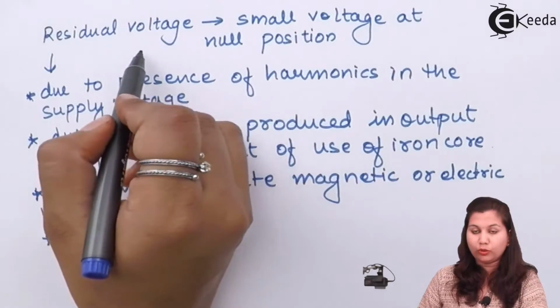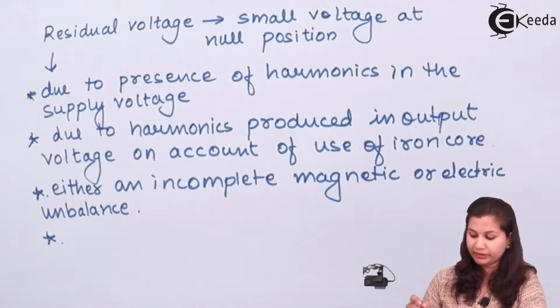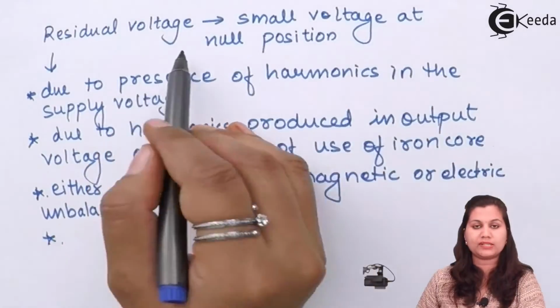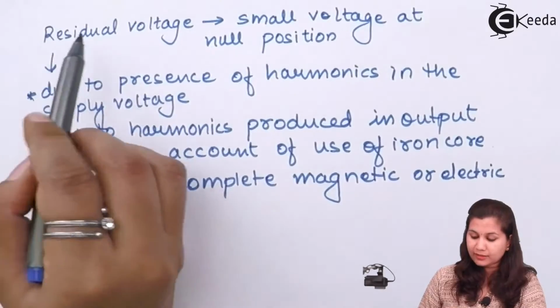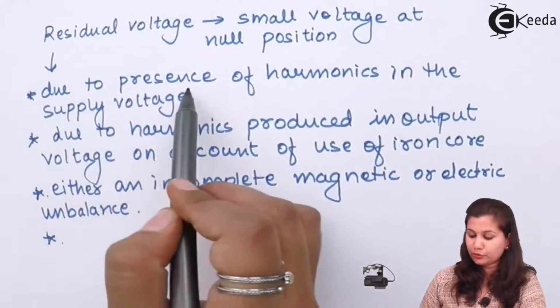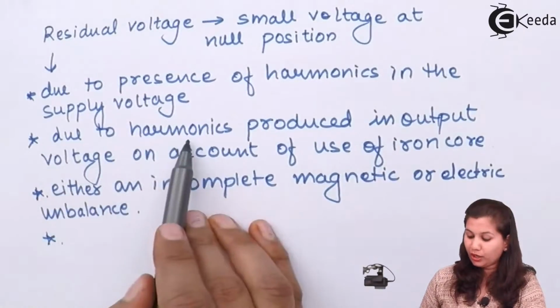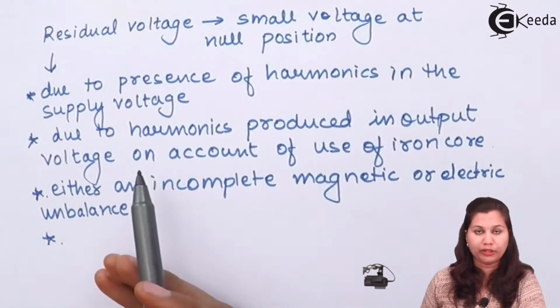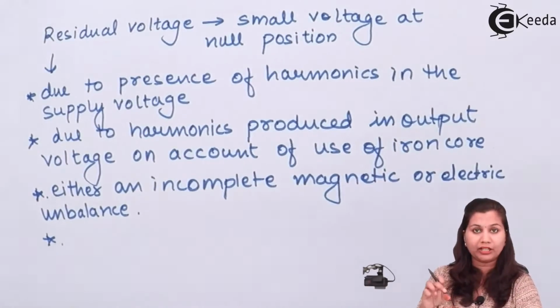This residual voltage can be present due to the presence of harmonics in the input supply voltage, and due to harmonics produced in the output voltage on account of the use of the iron core, because we are using a soft iron core.